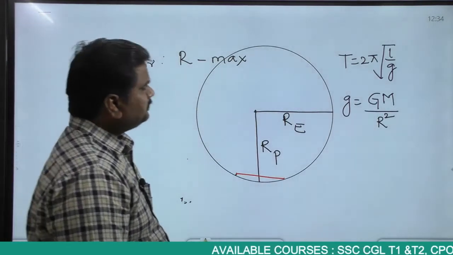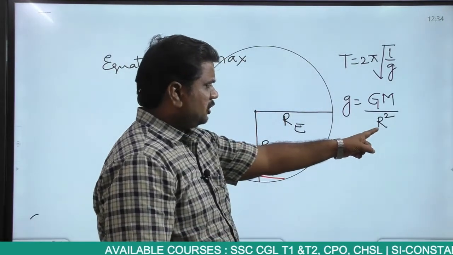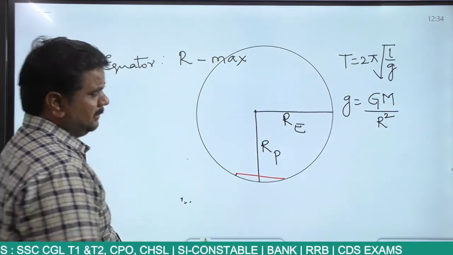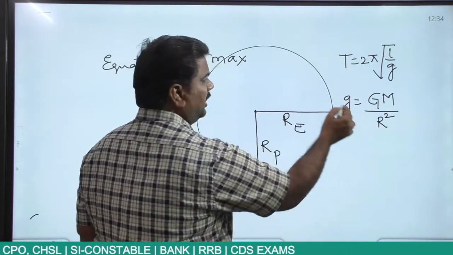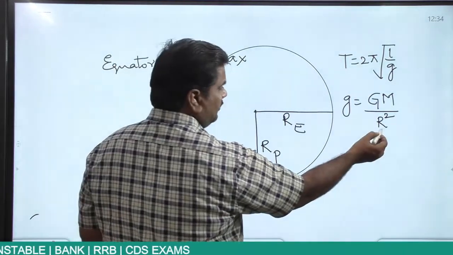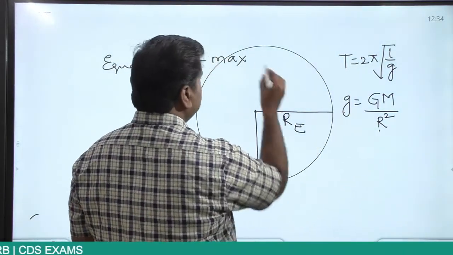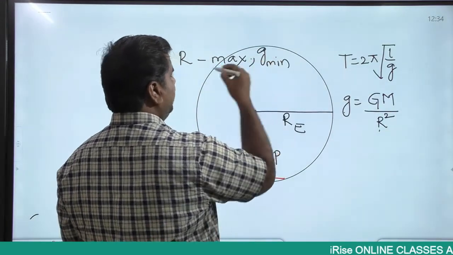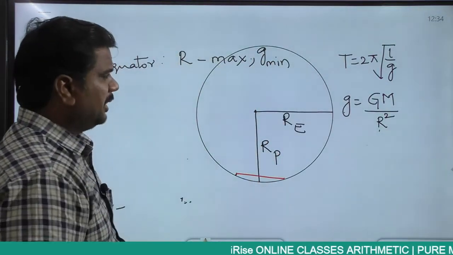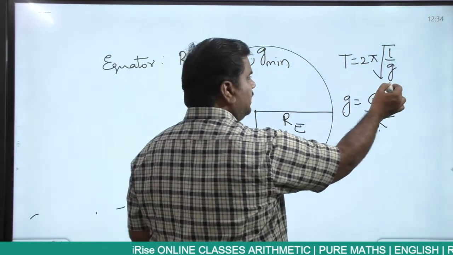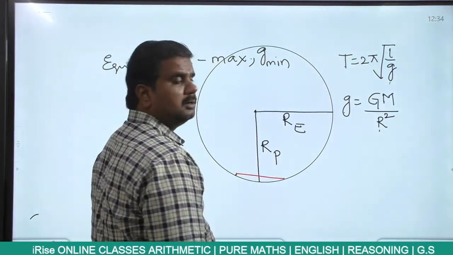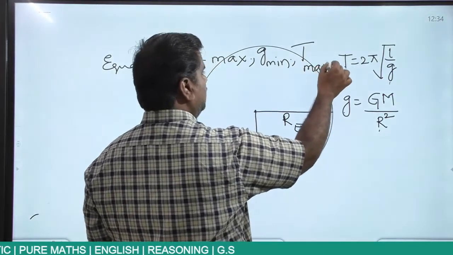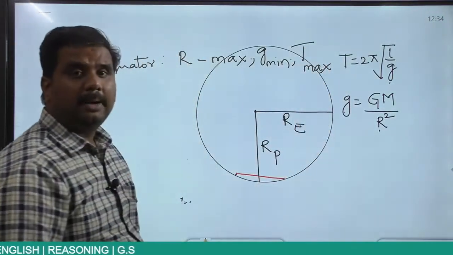The radius along the equator is maximum. r and g are inversely proportional. If r is maximum, then the g value is minimum. If the g value is minimum, then what happens to time period? Time period will be maximum. So along the equator, time period is maximum.